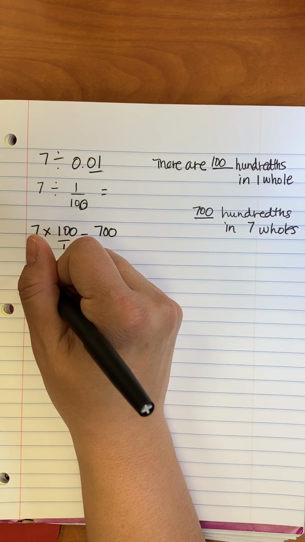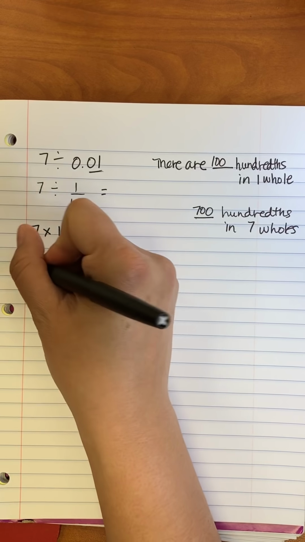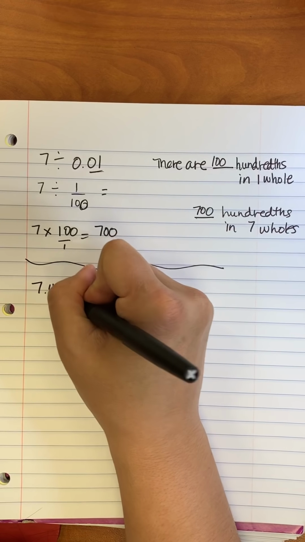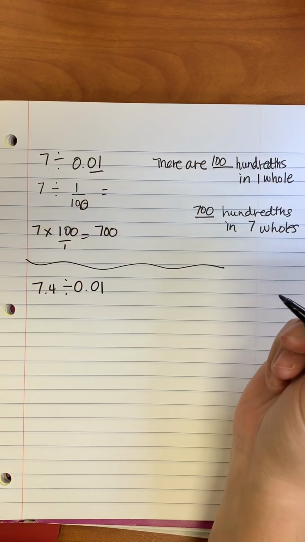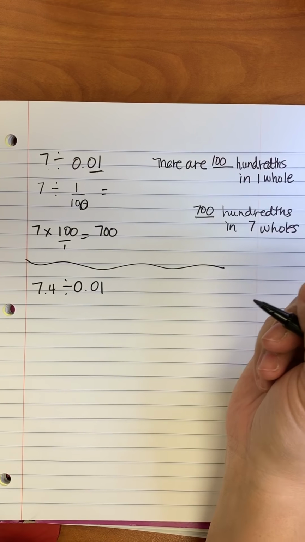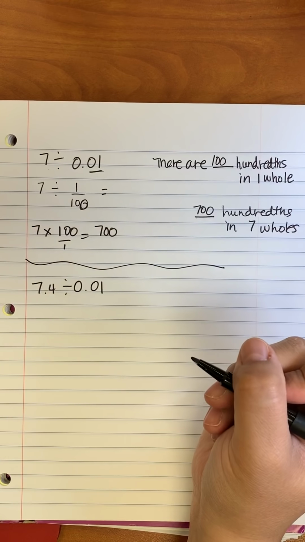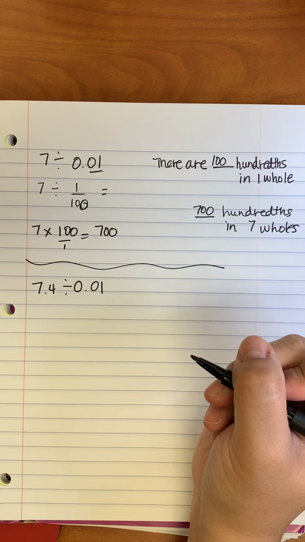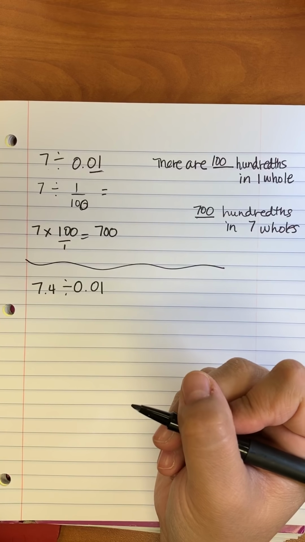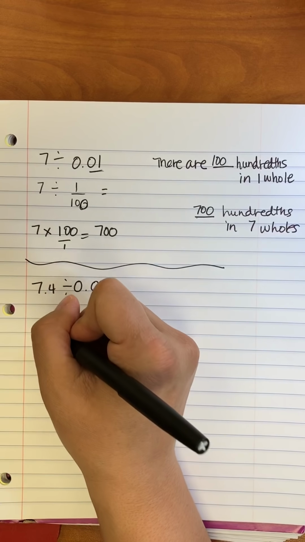If we add a decimal to both numbers here, so if I do another problem, 7.4 divided by 0.01, what are we going to do now? Well, let's see, how do I want to do this here? We're going to go to units.